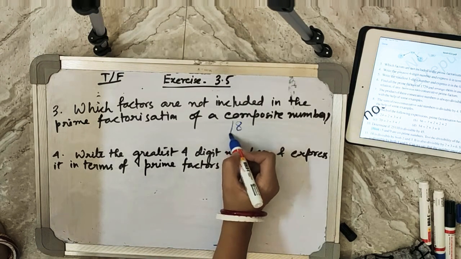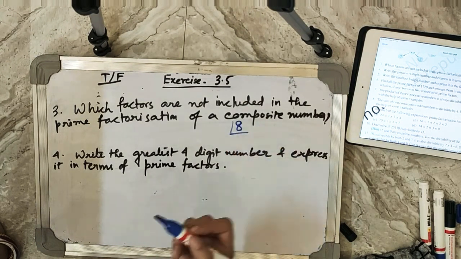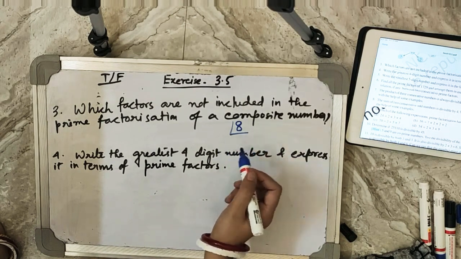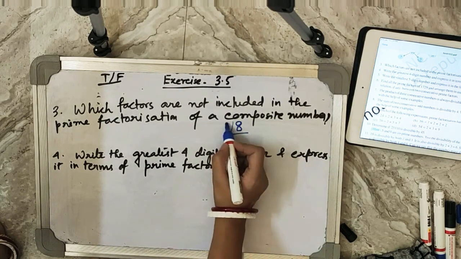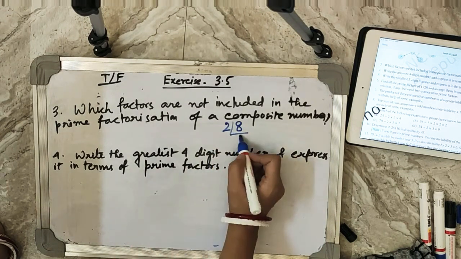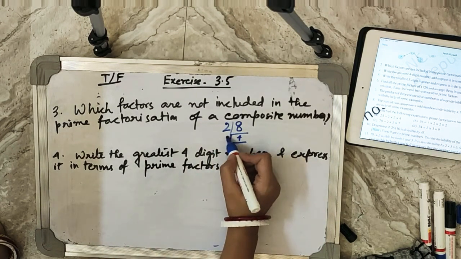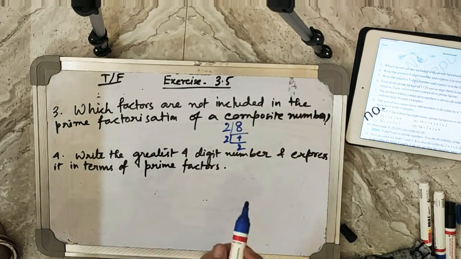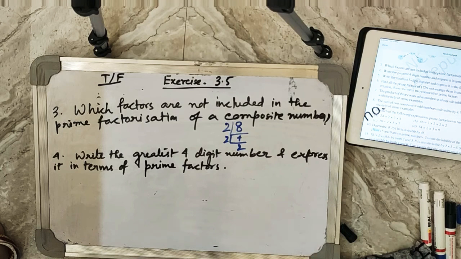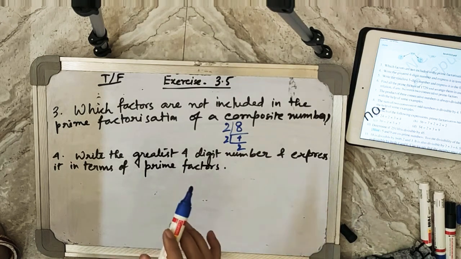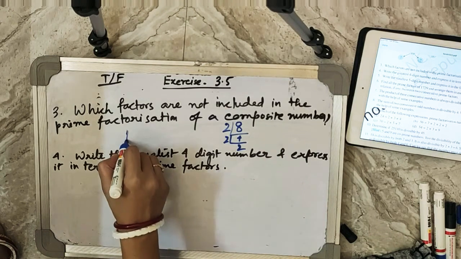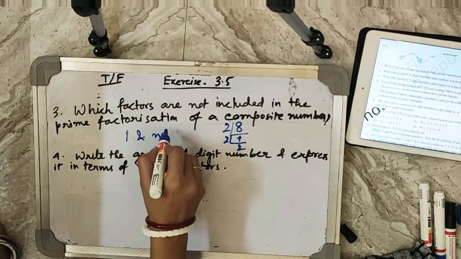If we want to factorize it by the prime factorization method, the first prime factor which we will take is 2, then 4, then 2 again, then 2. So we are not taking the two factors which are compulsory in each and every number, that is 1 and the number itself.